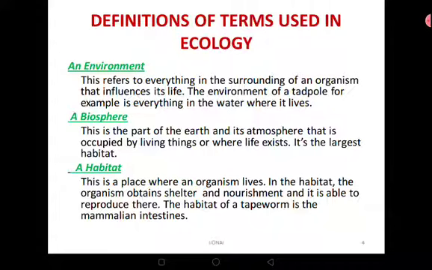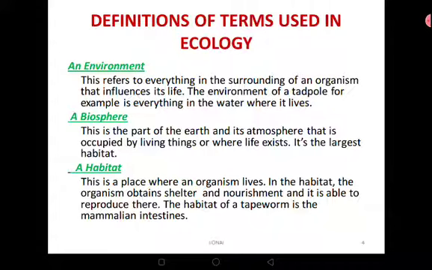Well, that's great. Then we also have a biosphere. A biosphere is simply part of the earth and its atmosphere that is occupied by living things, or part of the universe where life exists.